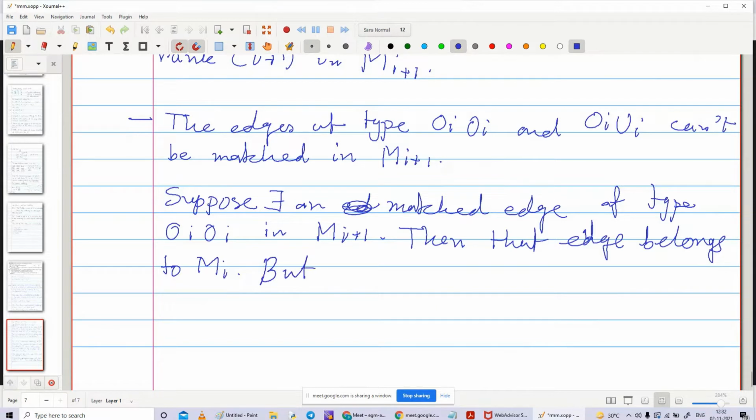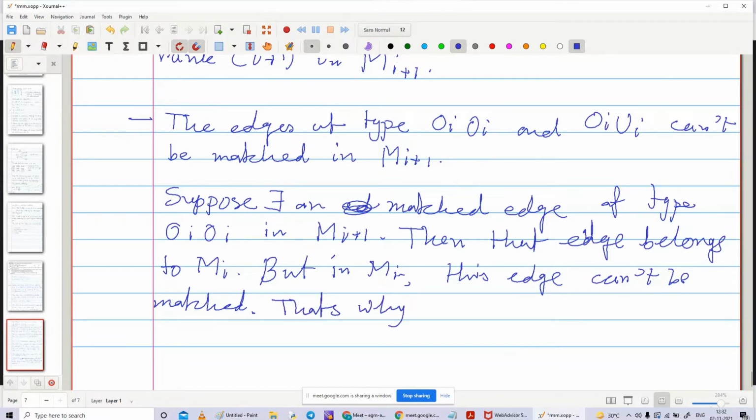But in Mi this edge cannot be matched, because Mi is a maximum matching, so this Oi edge cannot be matched in Mi. That's why this edge cannot be matched in Mi plus 1 either. Then we have a contradiction.